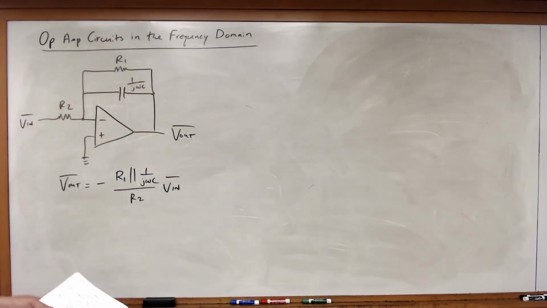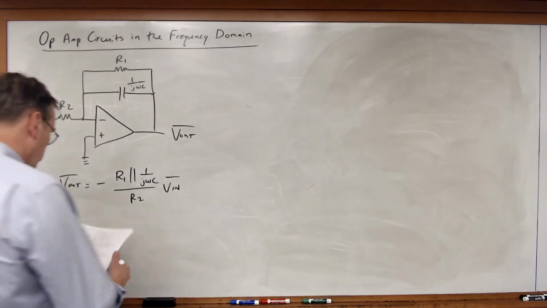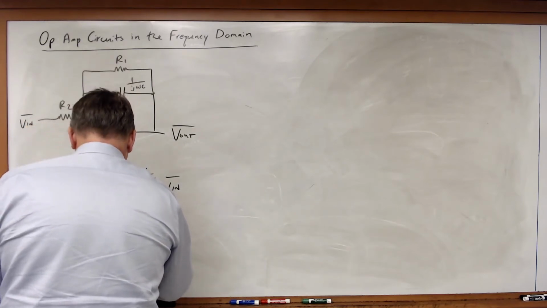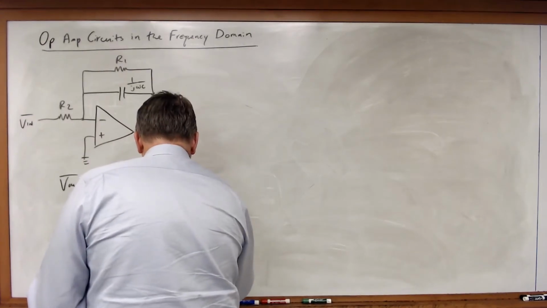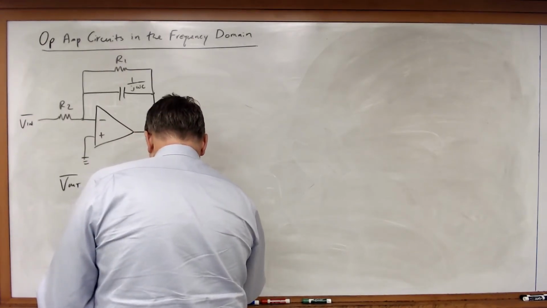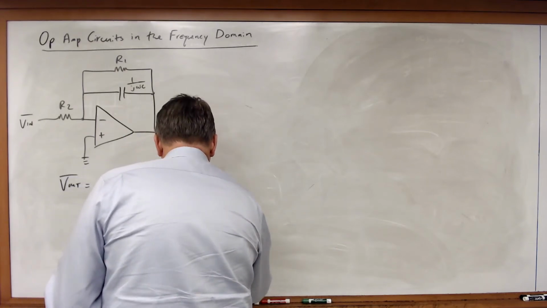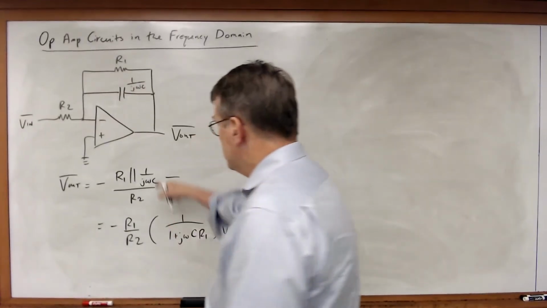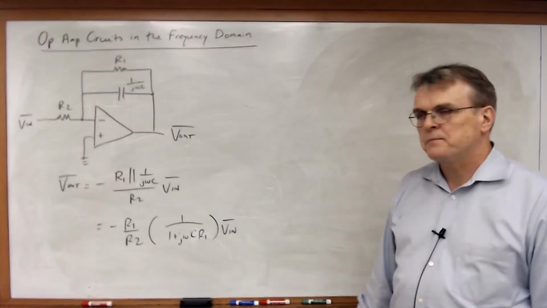If I do some mathematical manipulation and simplification, I will get minus R1 over R2 times 1 over 1 plus j omega times C times R1, times Vn. I skipped a couple of algebra steps and simplified it to get this.